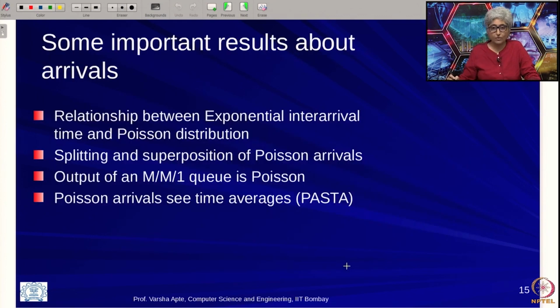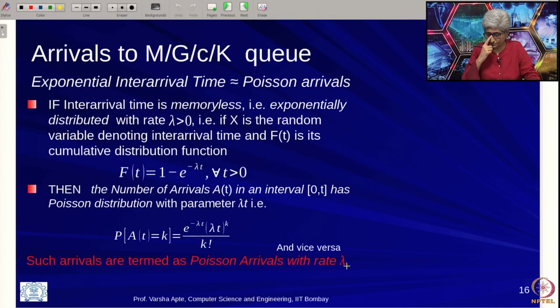We are also going to talk about some other results today. These are about arrivals, and let us get into them. There is a very interesting relationship between when inter-arrival time is exponentially distributed and the Poisson distribution. So, what is that relationship?